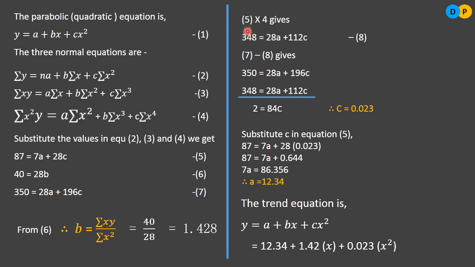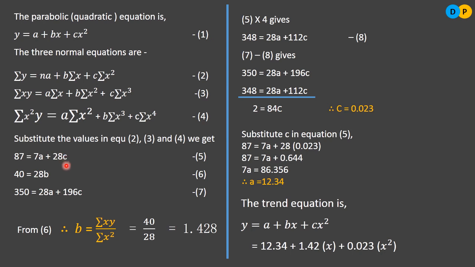For the fifth equation, we are multiplying each and every term by 4. Why are we multiplying it by 4? The very reason is, when you multiply 7 by 4, it will become 28. So here 28 is common, and here also 28 is common, so that we can cancel them out and later concentrate only on the c value.